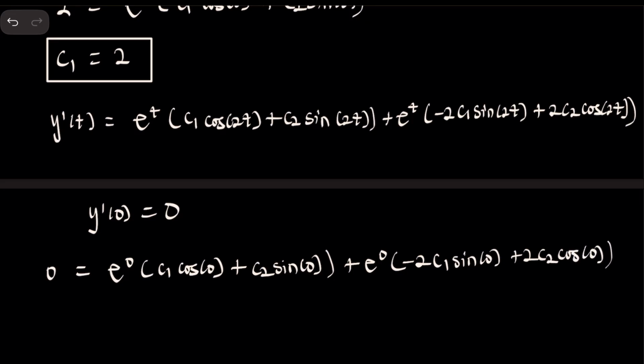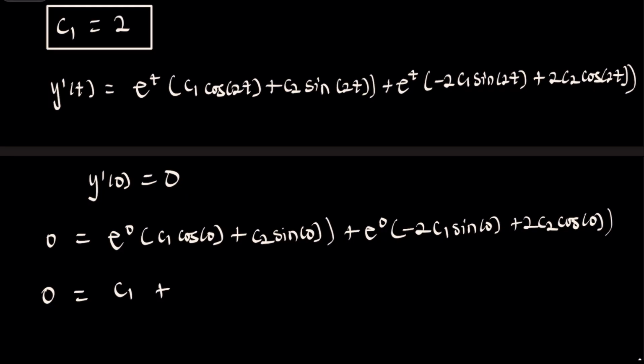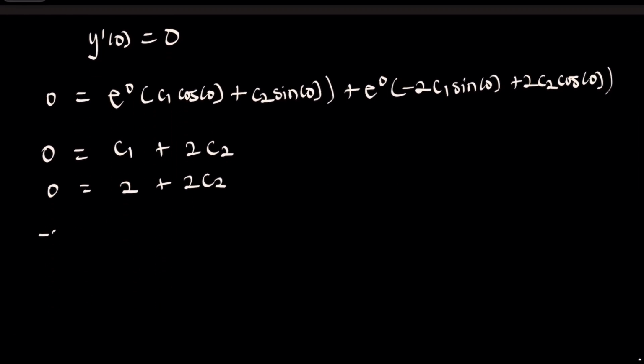So sine of 0 is 0 and cosine of 0 is 1. So this expression simplifies to 0 is equal to c1 plus 2c2. But c1 is equal to 2. So we are going to have 0 is equal to 2 plus 2c2. Thus we have minus 2 is equal to 2c2. Hence c2 is equal to minus 1.